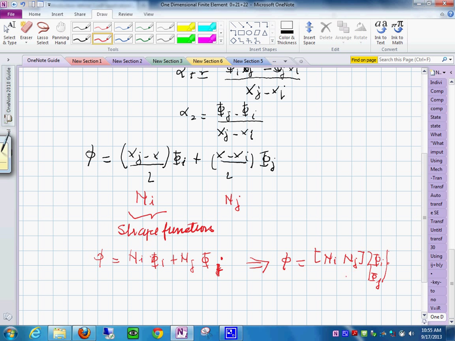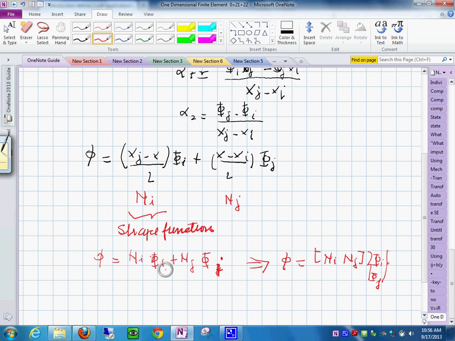So, we solved it for one finite element. There's nothing to stop us from saying the neighbor finite element is exactly like this too. We know that these shape functions are weighting factors.